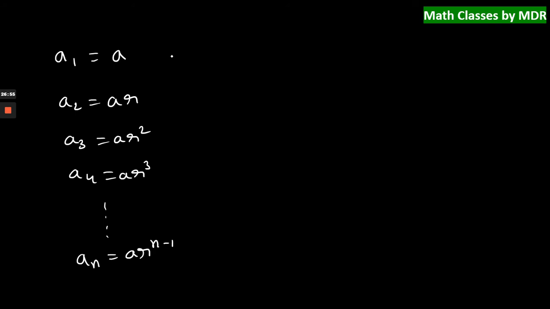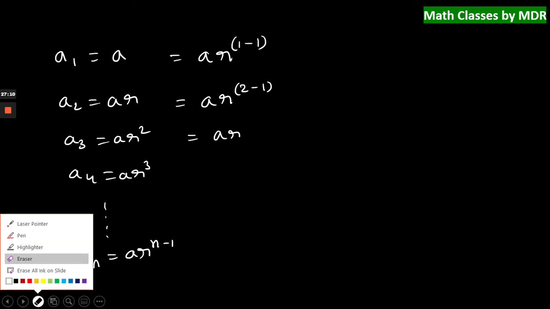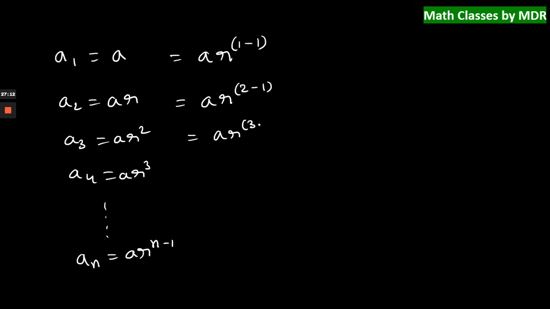Can I write it as AR power 1 minus 1, AR to the power 2 minus 1, AR to the power 3 minus 1, and AR to the power 4 minus 1, and so on, right?